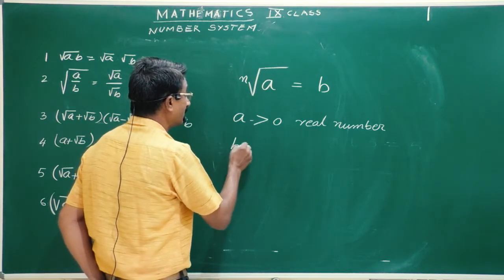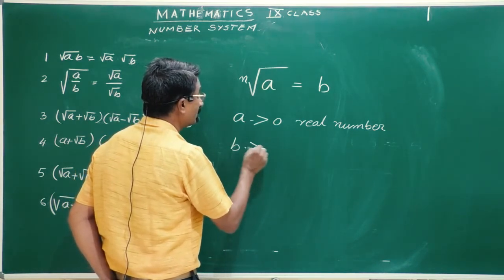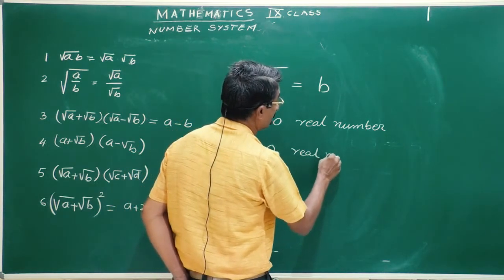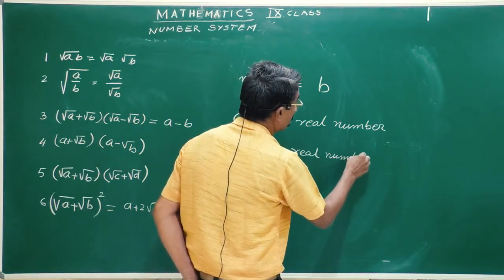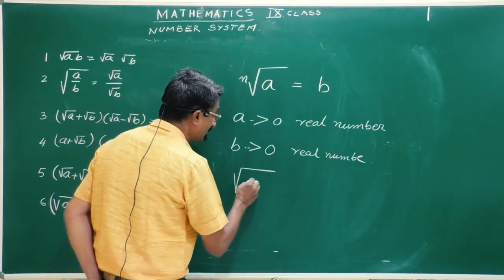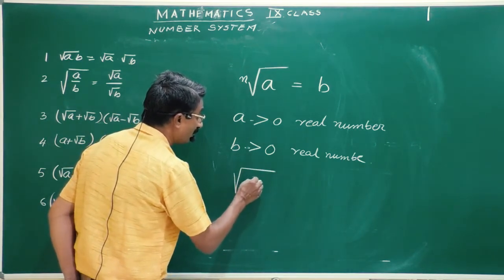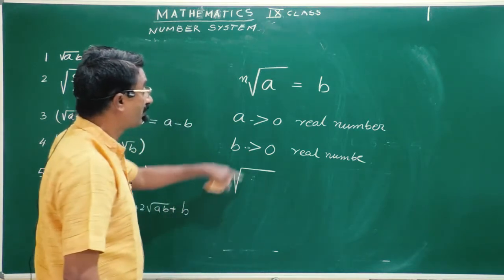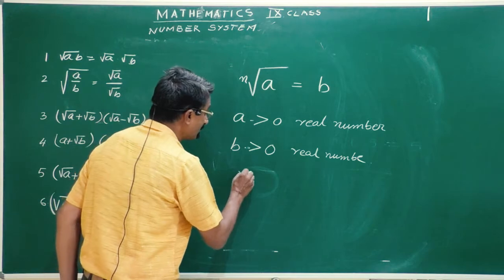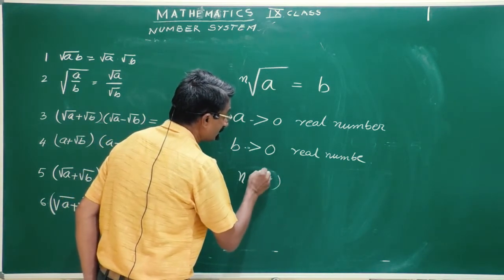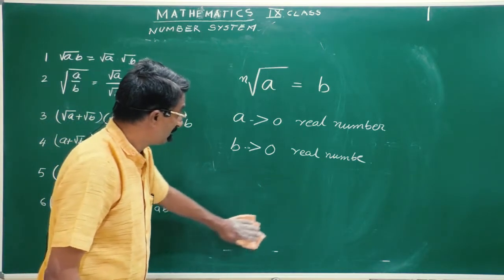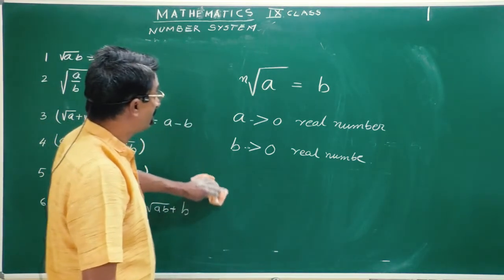So answer B is also greater than 0 and it will be a real number. The meaning is that there should not be any negative value inside the root, and n should not be negative. n is also a real number.